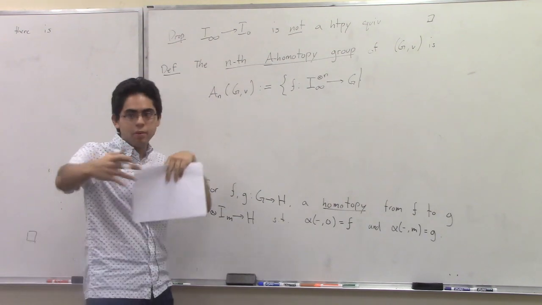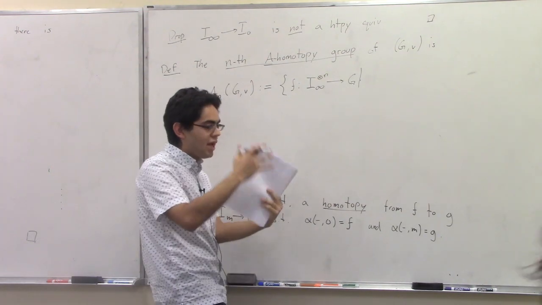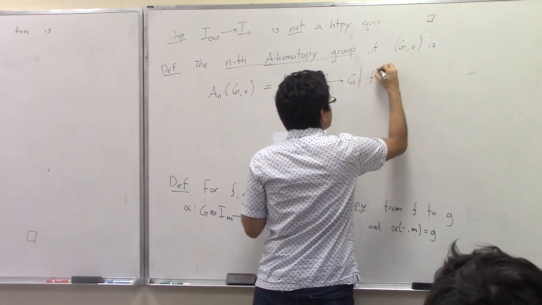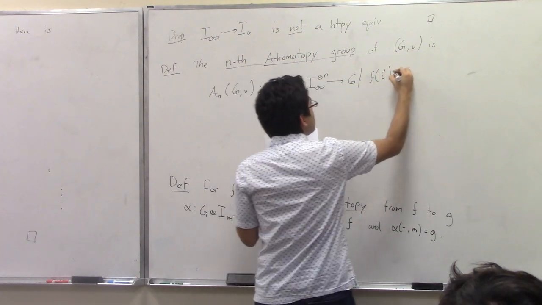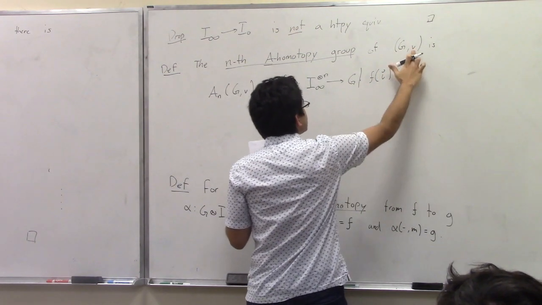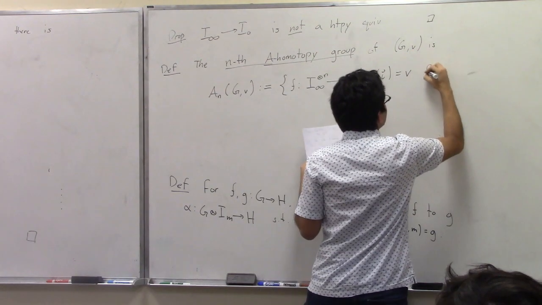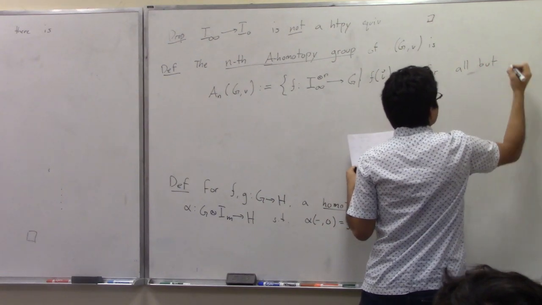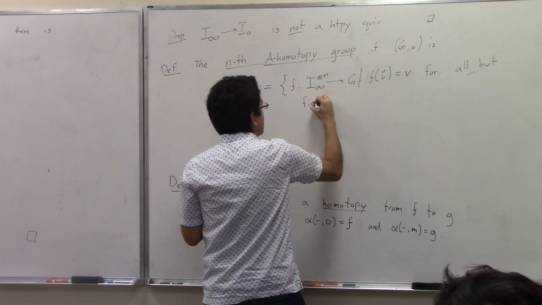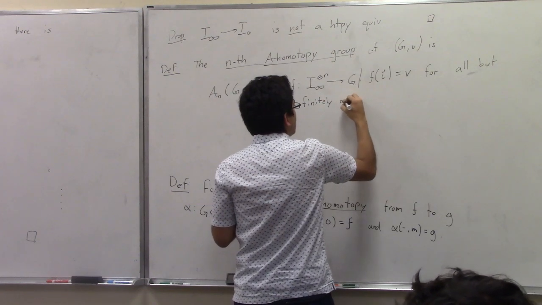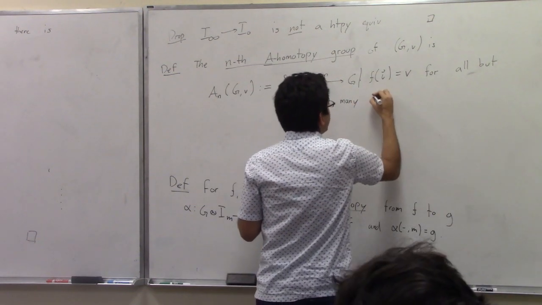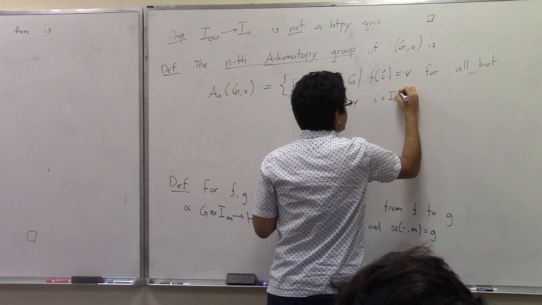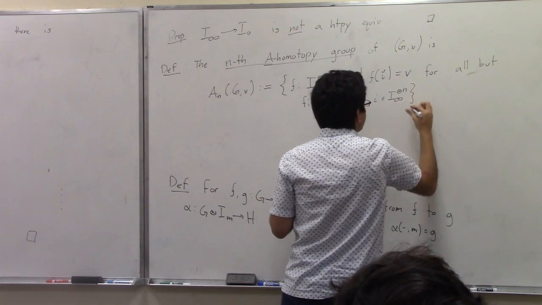So I'm looking at maps from this n-dimensional hypercube that stretches infinitely into G, but not all such maps. I'm going to demand that this map is just v for all but finitely many vertices in I infinity to the n.